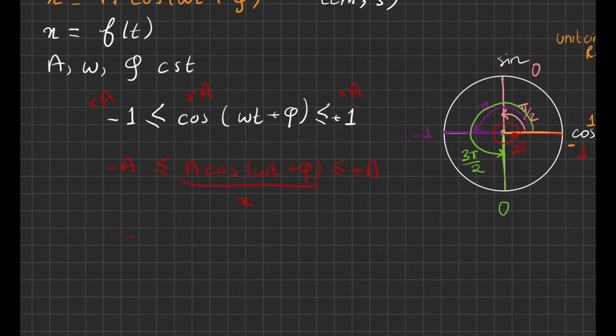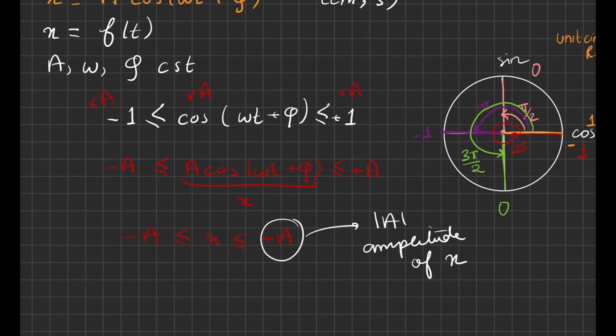All of this here is x, so x is bounded between minus a and plus a. It's the same thing, so the sine function and cosine function are both bounded between -1 and 1. So x would be bounded between minus a and plus a, and again, we put a in the absolute value, and we call it the amplitude of the function x. Okay?